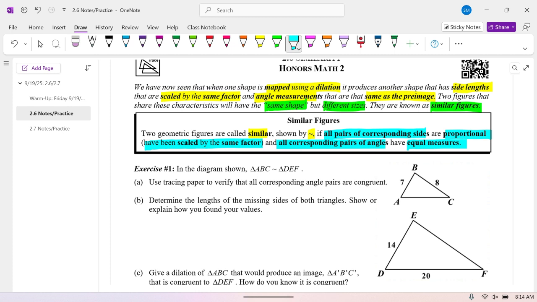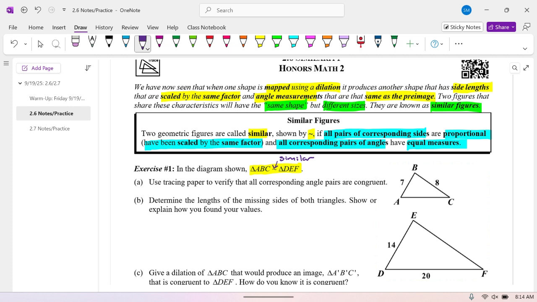Now, let's look at exercise 1. So they claim that triangle ABC is similar to triangle DEF. So again, this little squiggle right here means similar. Now, the part A says use tracing paper to verify that all the corresponding angle pairs are congruent. They are. All right.